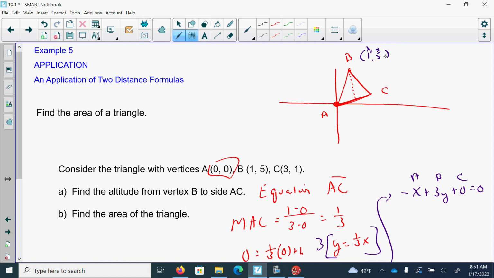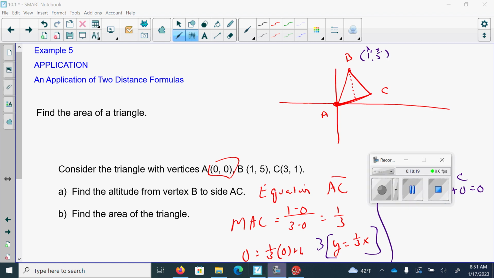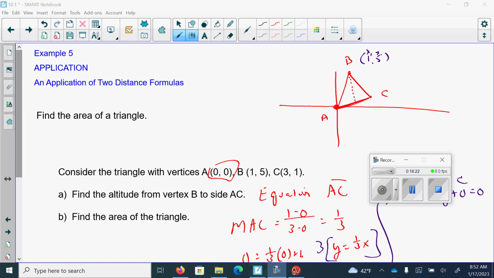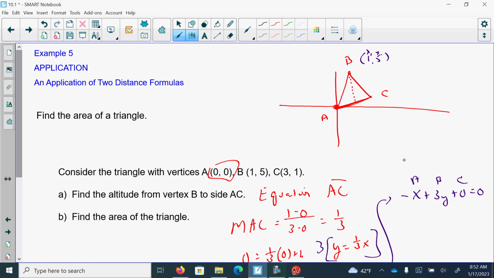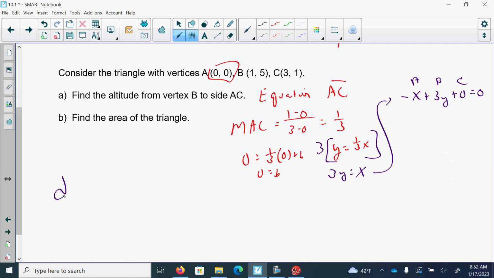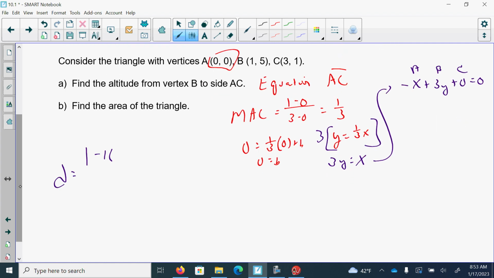So this is my x sub 1. This is my y sub 1. So now I'm putting into that distance formula, so I'm going to say distance is equal to the absolute value of A, which I just said was -1, times my x1 coordinate, which is 1, plus B, which is 3, times my y1 coordinate, which is 5, plus c, which is 0, all over the square root of a squared, so -1 squared, plus b squared.